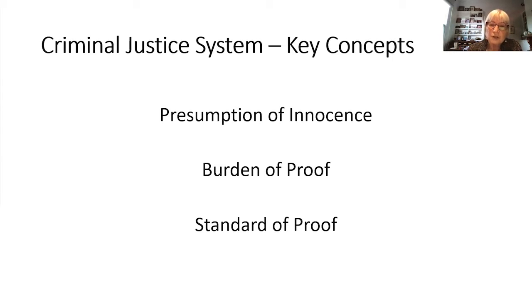The prosecution has the burden or onus, the responsibility of proving the guilt of the accused. The prosecution has to bring forward the evidence. The prosecution has to prove the accused's guilt to a high standard. The prosecution has to prove the accused's guilt beyond reasonable doubt.